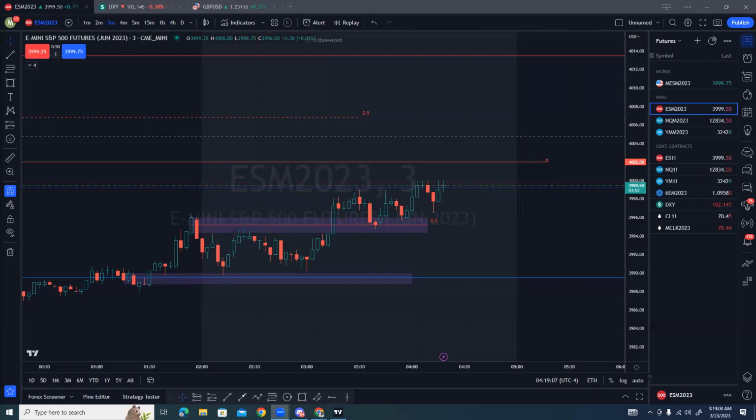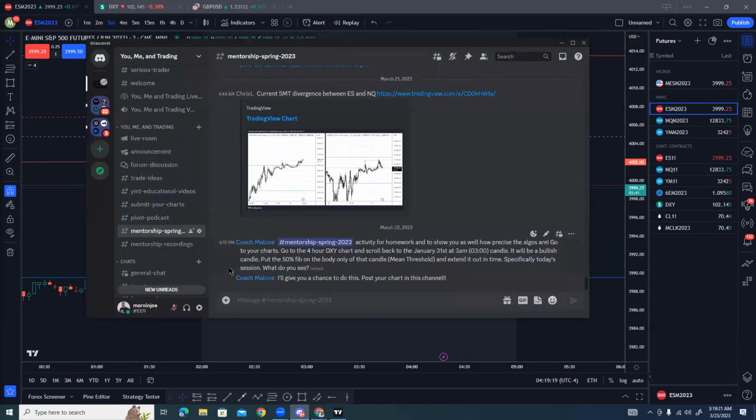So on Discord, I posted in the mentorship. I don't think anybody's seen it, but I posted this yesterday evening as an activity for homework, because I wanted to show y'all how precise these order blocks can be.